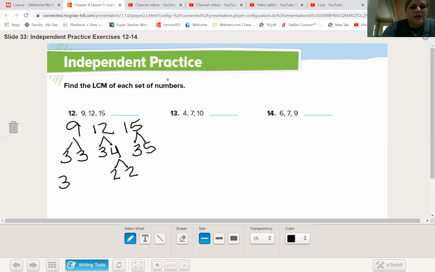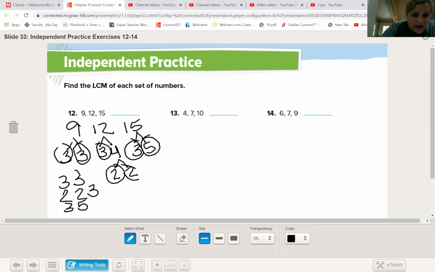So 3, 3, 2, 2, 3, 3, 5. 3, 3, 2, 2, 3, 3, 5. Okay.